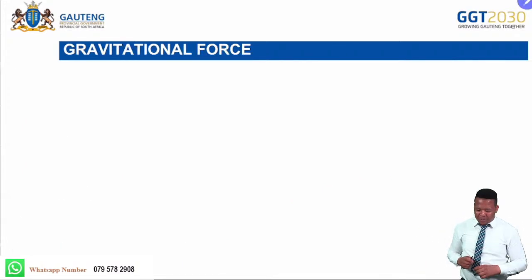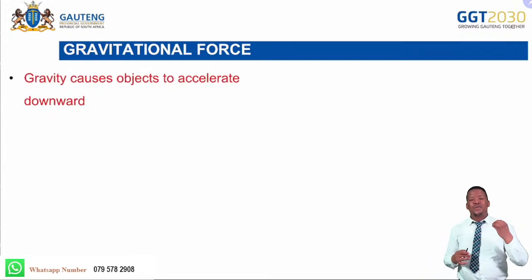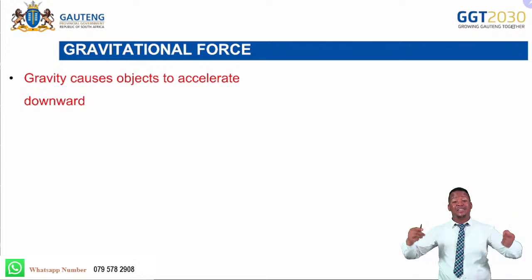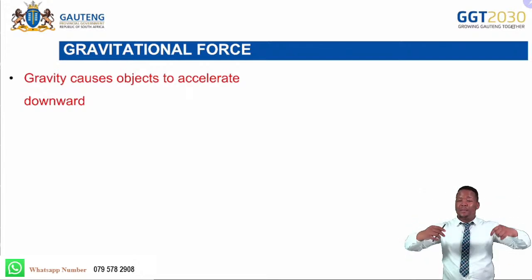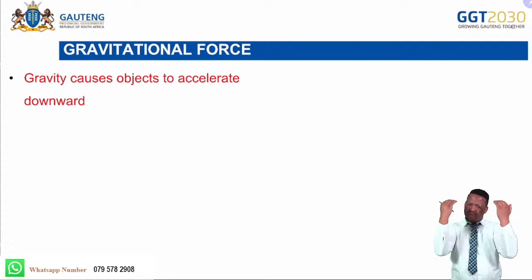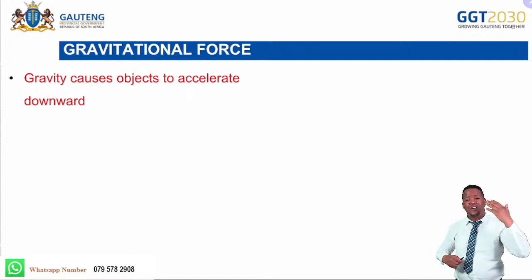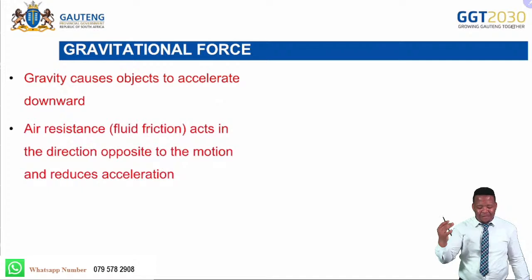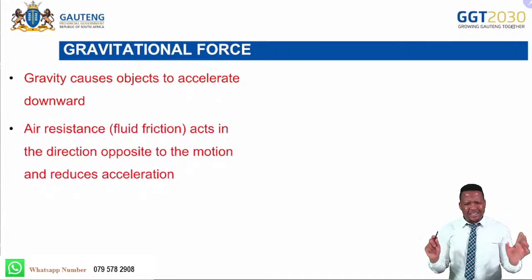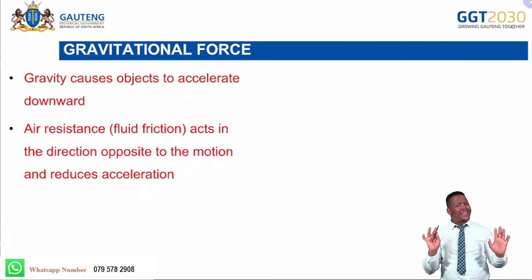Moving right along, we are still under gravitational force. Gravity causes objects to accelerate downwards. So every time, gravity says come down, come down. Whenever objects are falling downwards, that is because of the force of gravity, or the gravitational force. Air resistance. What are we referring to whenever we talk about air resistance?